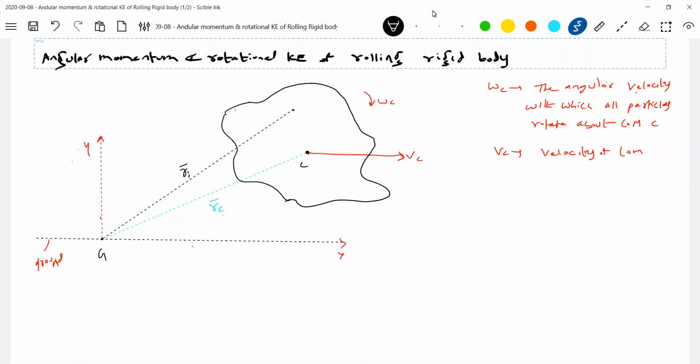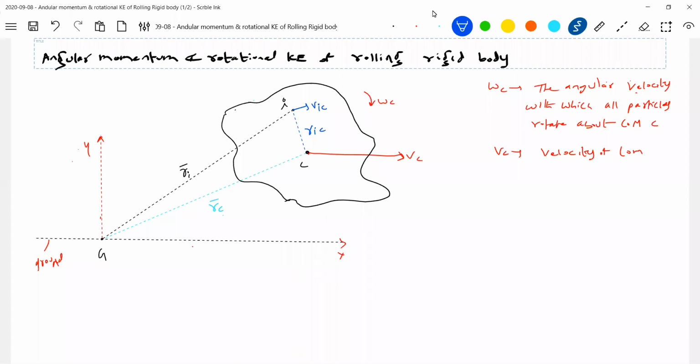According to the condition given, all particles rotate about the center of mass with angular velocity omega c. So RIC is the position of the particle with respect to the center of mass, and VIC, the velocity of the particle with respect to the center of mass, equals RIC times omega c, since they rotate about the center of mass.